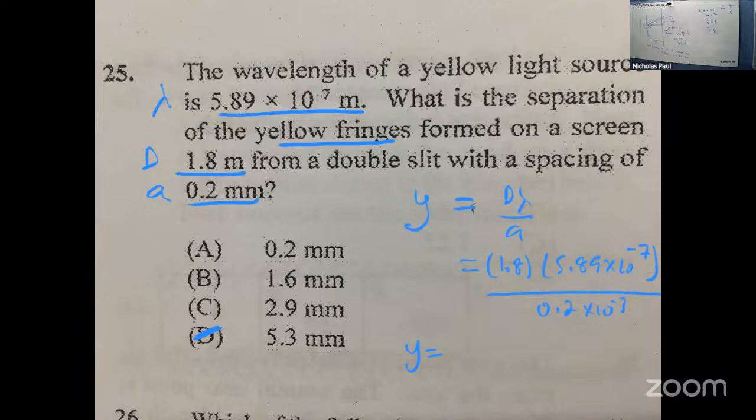I get 5.3 by 10 to the minus 3 meters. That's 5.3 millimeters.